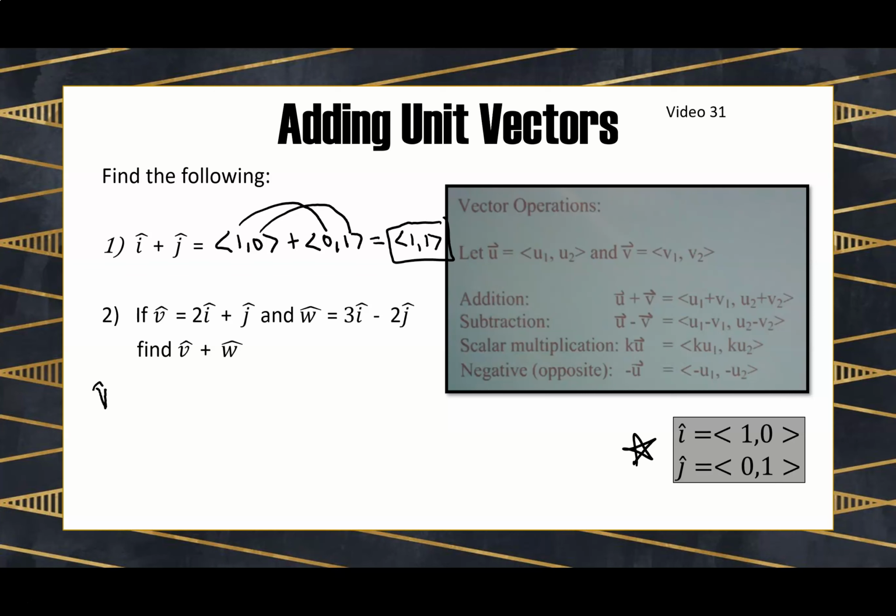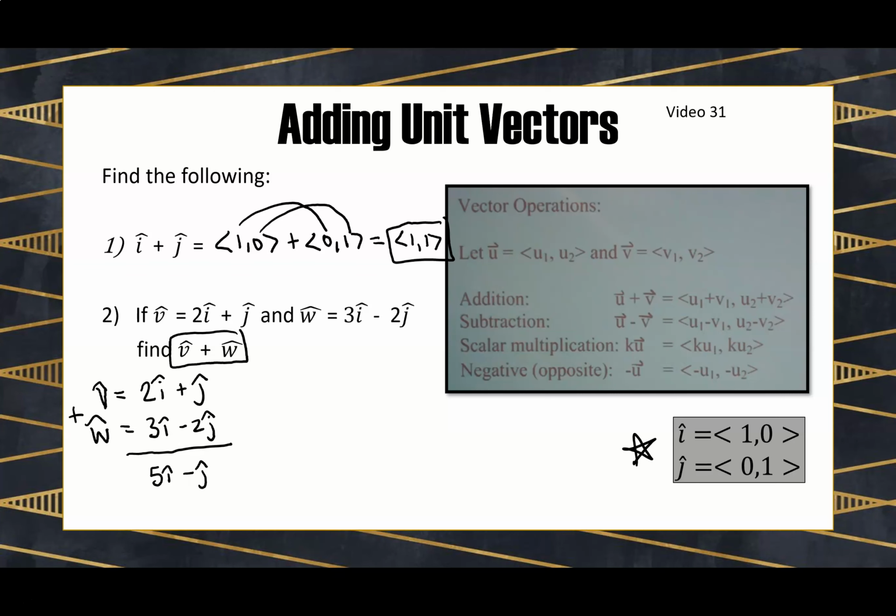I like to say vector V is 2I plus J, and W is equal to 3I minus 2J. And just as a reminder, we're adding these two things. So I'm just going to put a plus here and add straight down. So 2I plus 3I gives me 5I. And then a J vector minus 2J gives me a minus J.